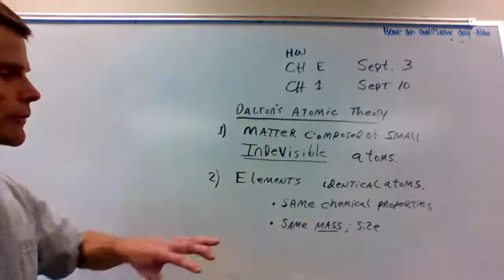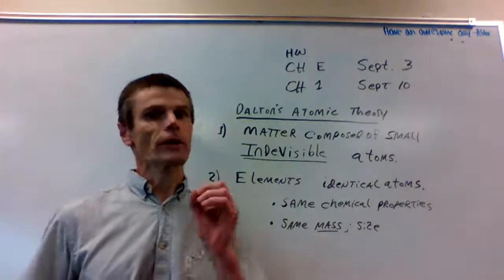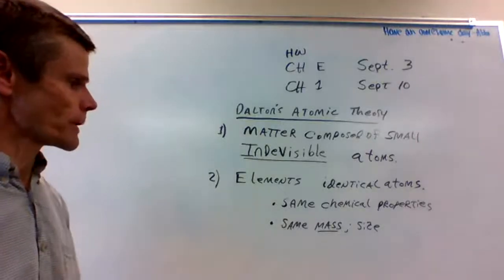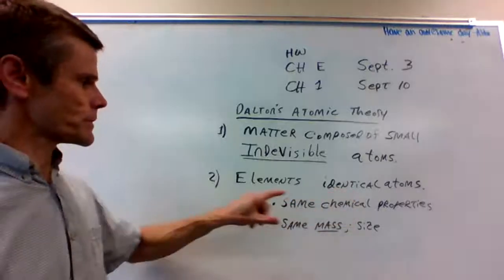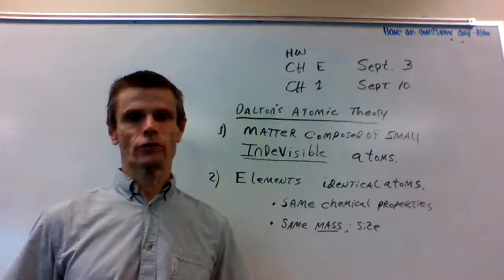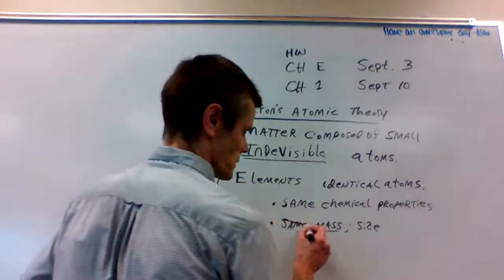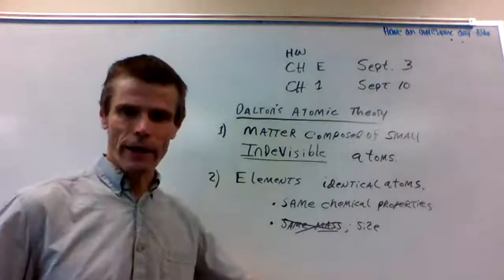Now, I want to discuss a little bit about the size and mass issue, because again, we have to modify Dalton's atomic theory here, because atoms of a particular element don't all have the same mass. If you know why, you're a little ahead of the game.